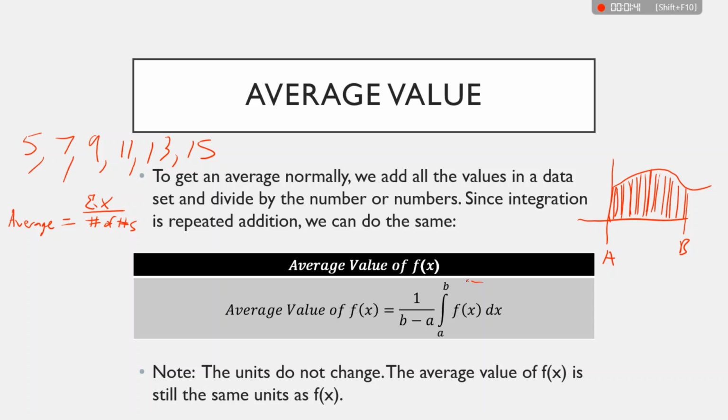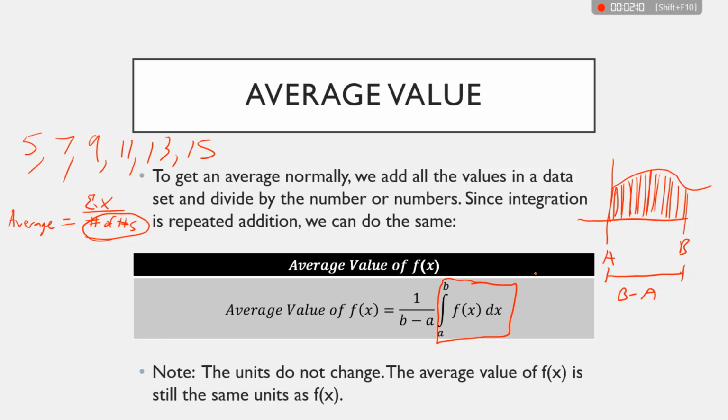Then I want to divide by the number of numbers, just like we normally do for an average. So I'm going to divide by however many values were between a and b, which will be my difference between a and b. I'm going to start with my larger number, that's b, and then subtract a. The math is exactly the same as what we did for the number set, just for a function.